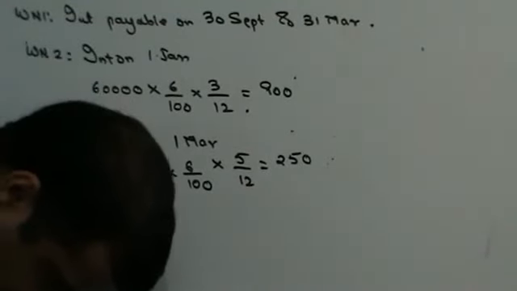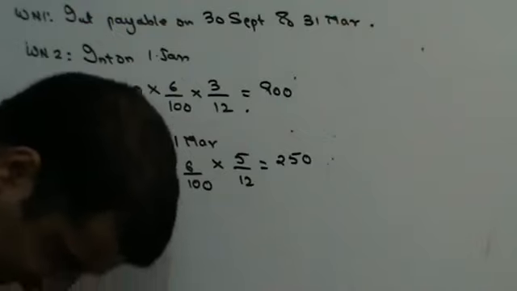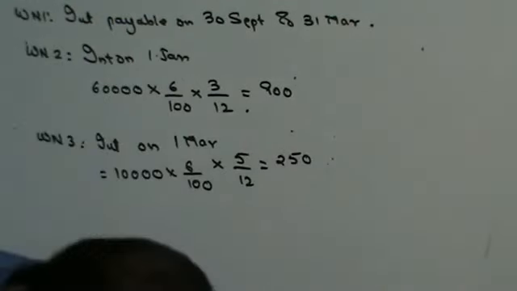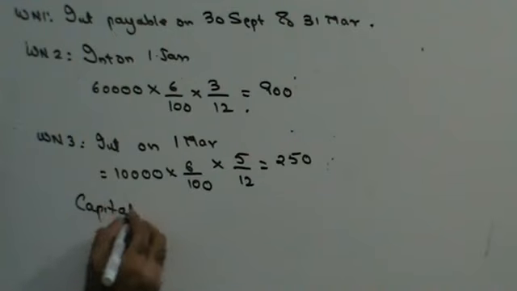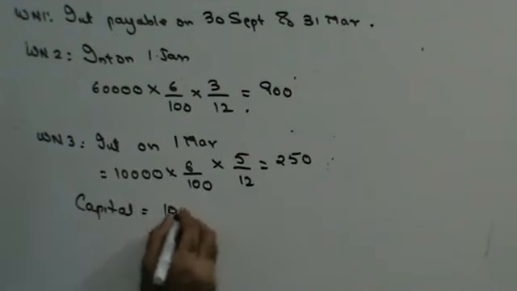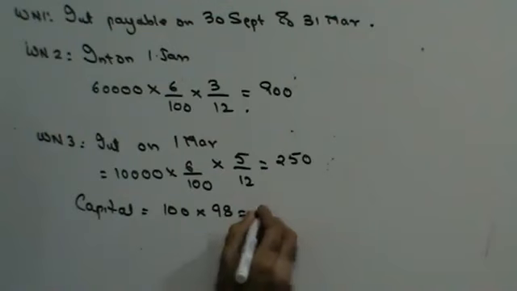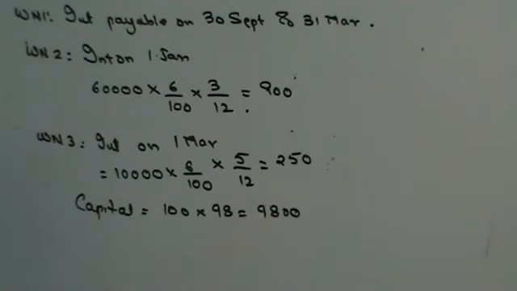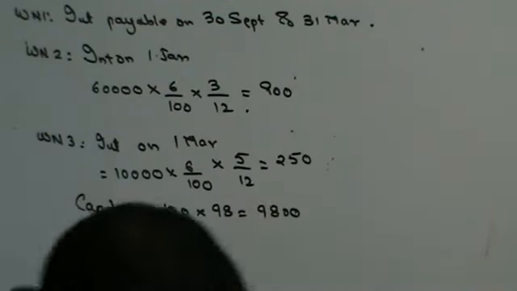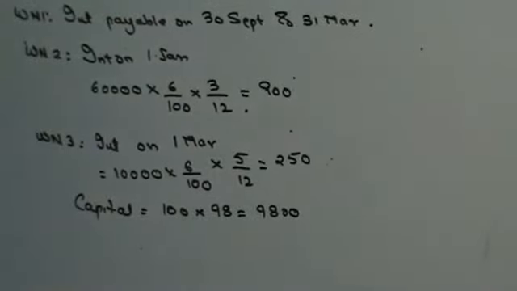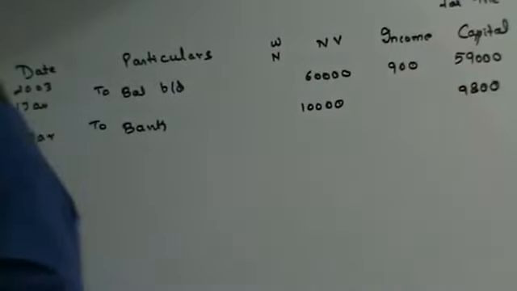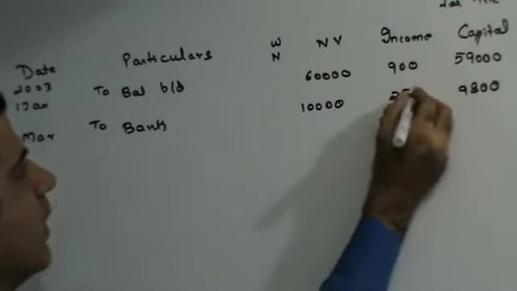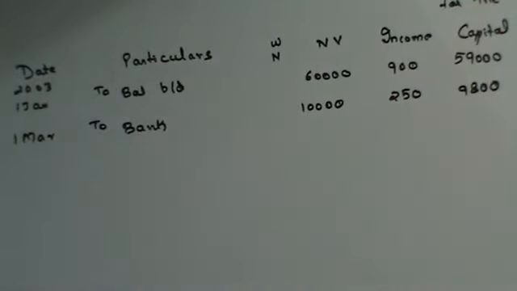Am I purchasing cum interest or ex interest? I'm purchasing ex interest, so I don't need to deduct the interest. Let's find out the capital value. I'm purchasing 100 debentures at 98. That means 9,800. So 9,800 and the interest is 250. Fine, do we get this thing clear?